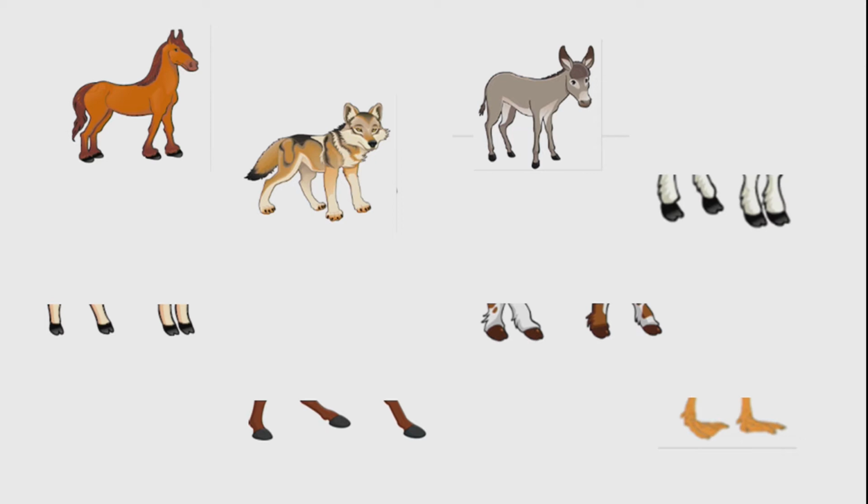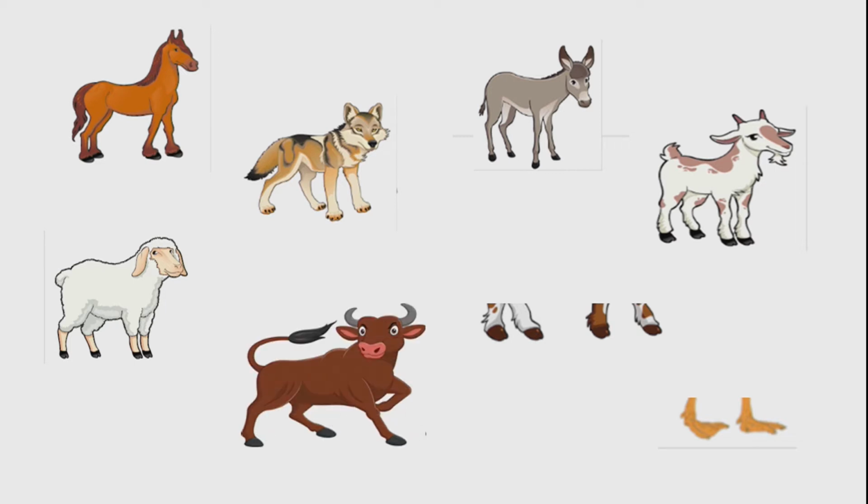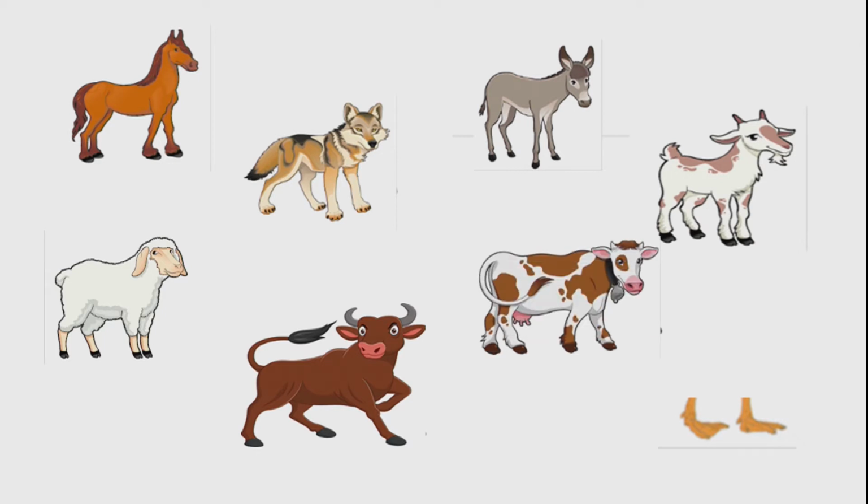Of course, it's a goat. Then there is a sheep. Look. How about the next picture? A bull? Yes, it's a bull. A cow? Yes. And finally, what's in the last picture? It's a goose. Good job, guys. Good of you. Today, we continue talking about the animals.